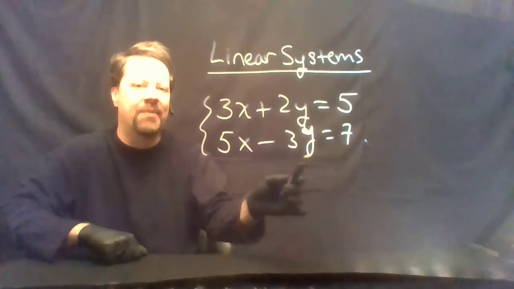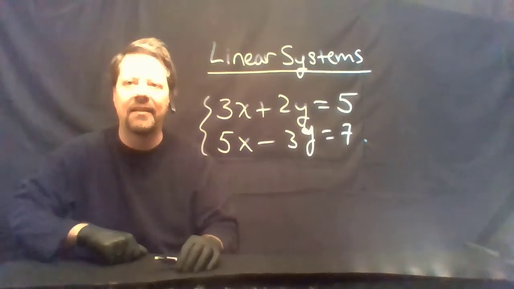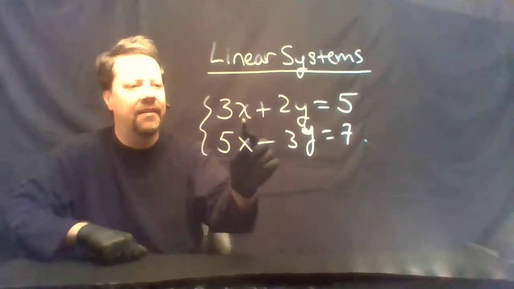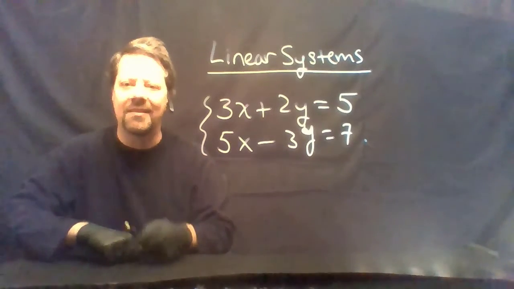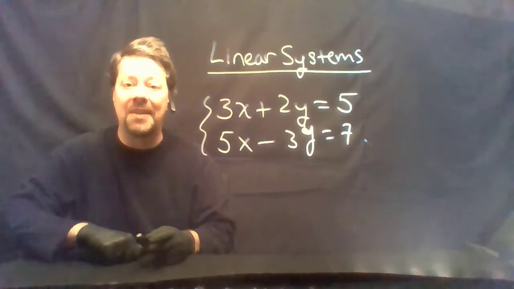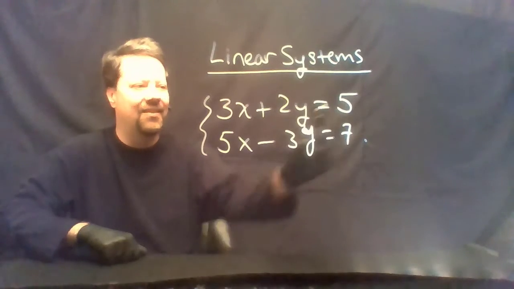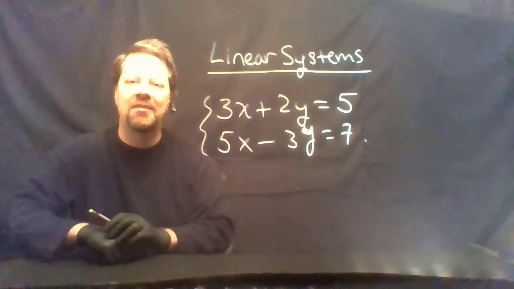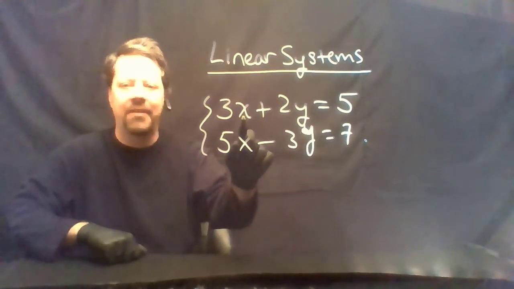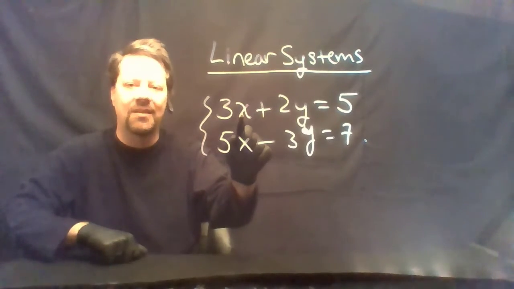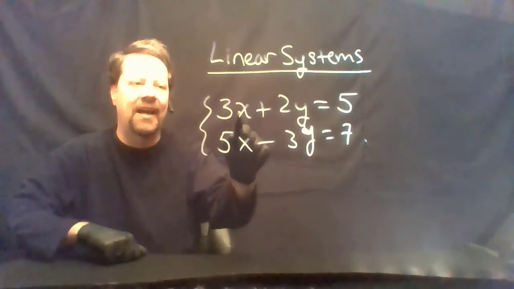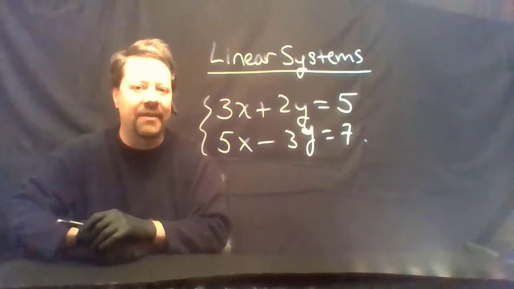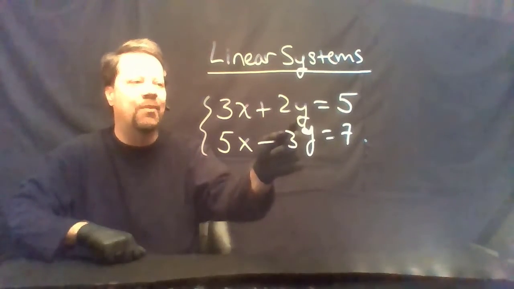Those are not permitted in linear systems. In linear systems, the variables can appear once in the numerator in separate terms. You can have a constant term, but x, if it appears, will appear once in the numerator of a term, and y will not appear in the same term. Y will appear in a separate term.